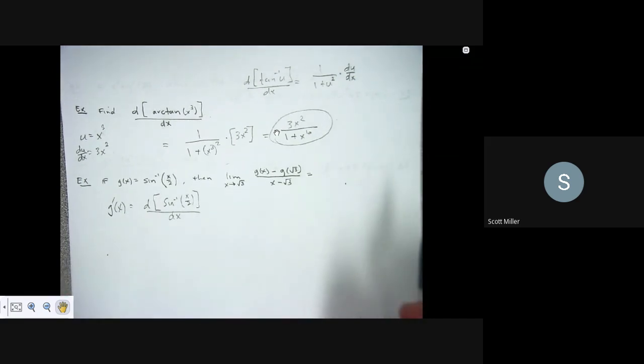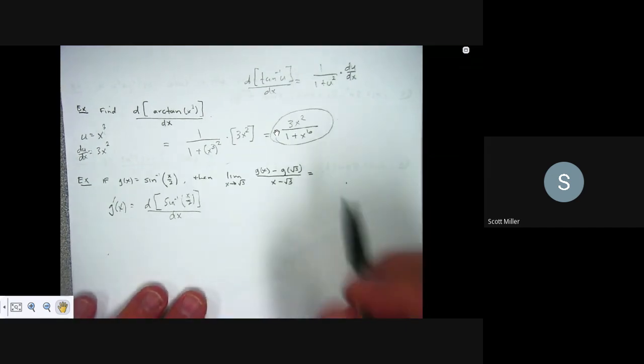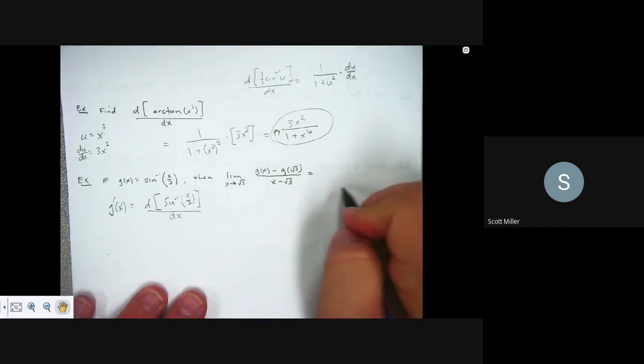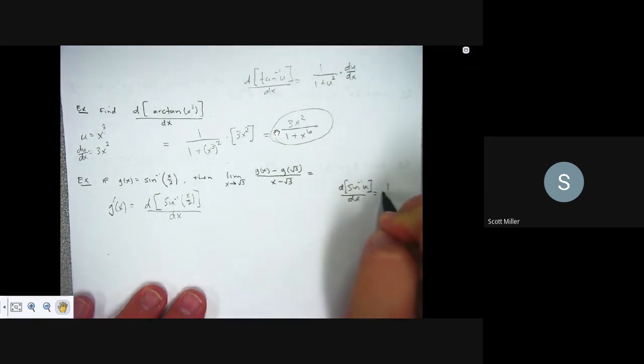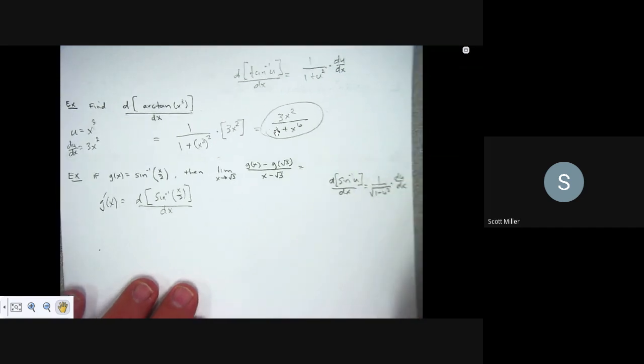Okay, what was the formula for the inverse sine? If you don't remember what it was, I'm going to write it right here. Our formula is the derivative of the sine inverse of u with respect to x is 1 over the square root of 1 minus u squared, times du dx.